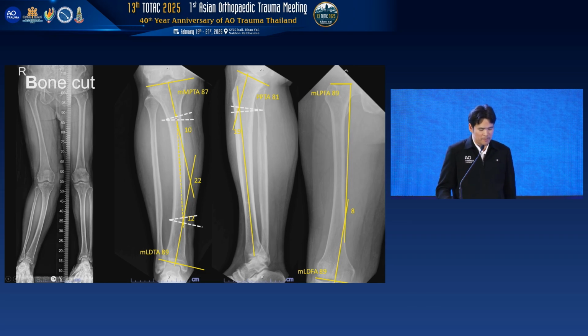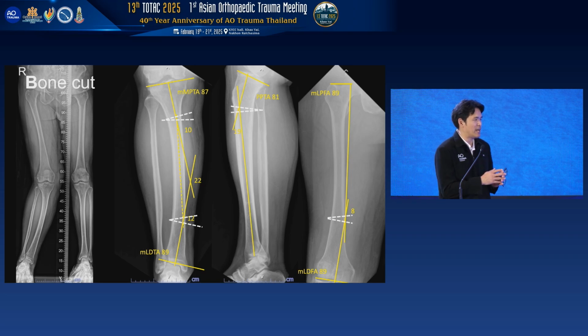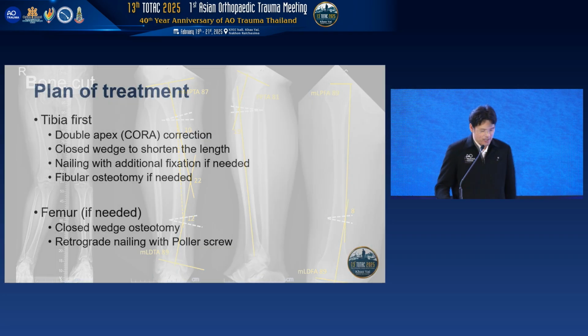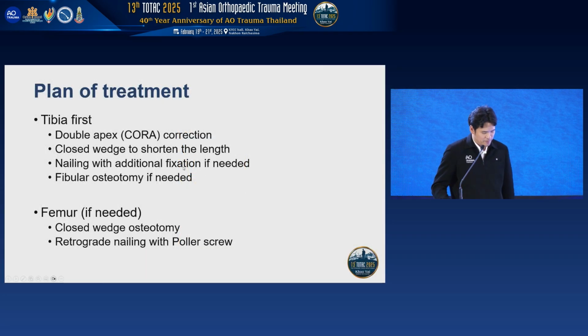I plan to do double osteotomy at the proximal metaphysis and the distal metaphysis, and an anterior closing wedge on the lateral view at the proximal one to reduce the sagittal plane deformity. I also plan to do overcorrection first because he came with lateral knee pain. It's like an HTO where we need overcorrection. This is my plan at that time.